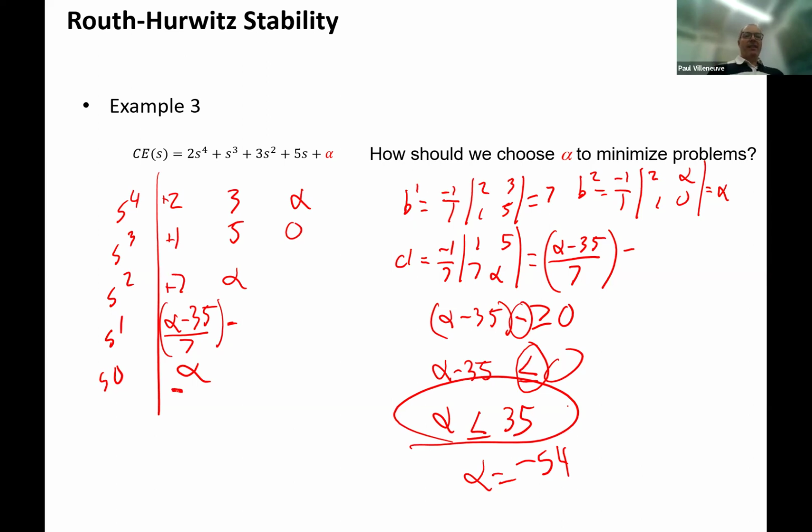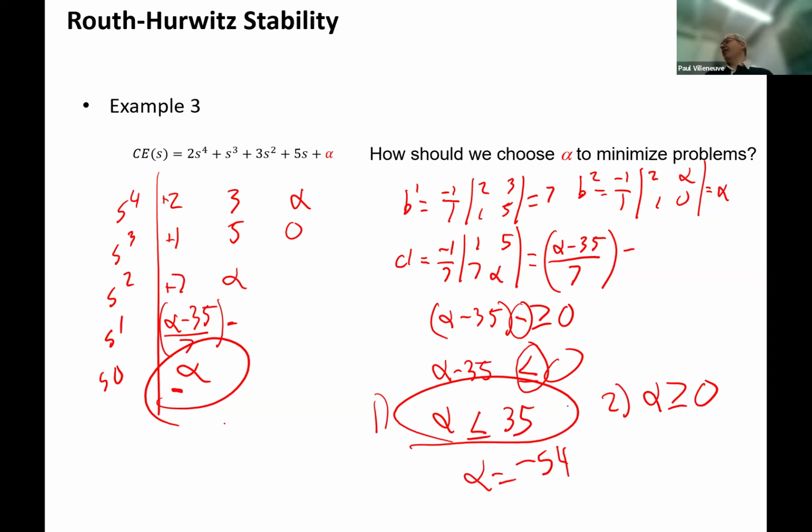Won't I have a negative here? So there's two requirements. Number one, number two, because of this row. Make sense? Don't make sense?